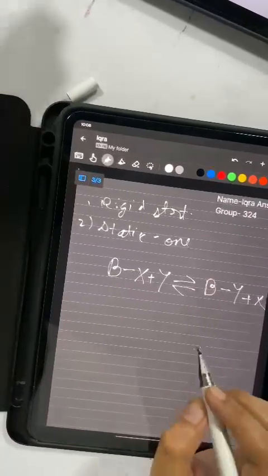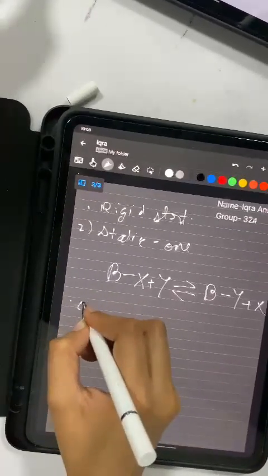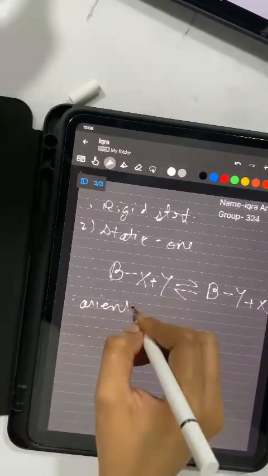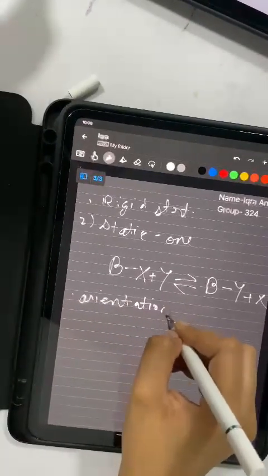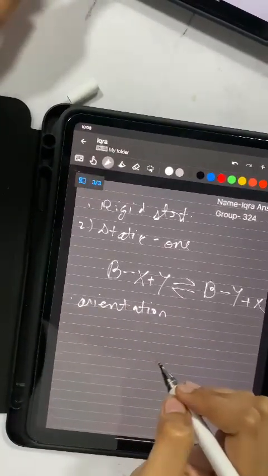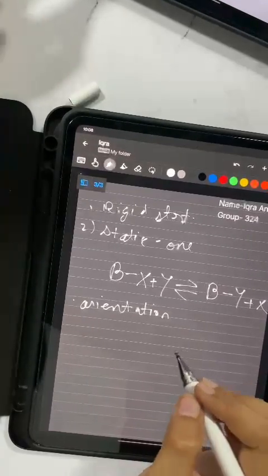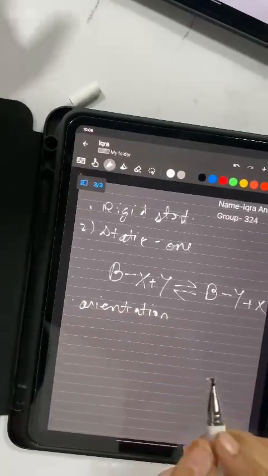The orientation is most important. The orientation is required for the enzyme action. The substrate induces the proper orientation.